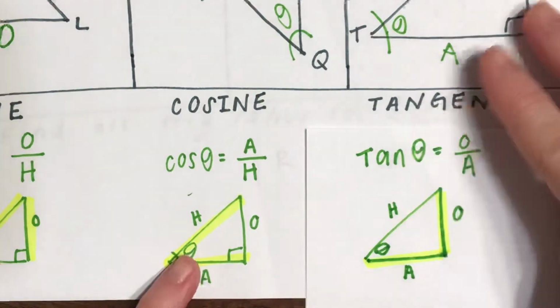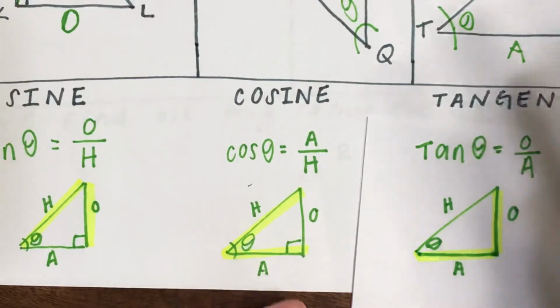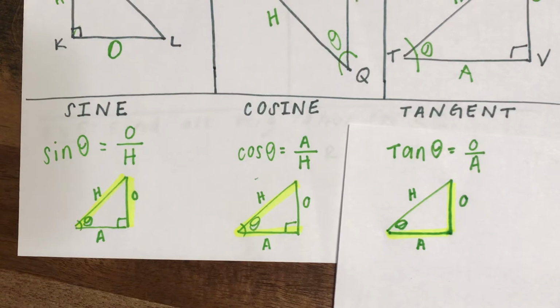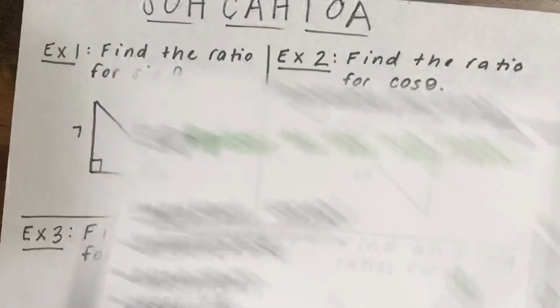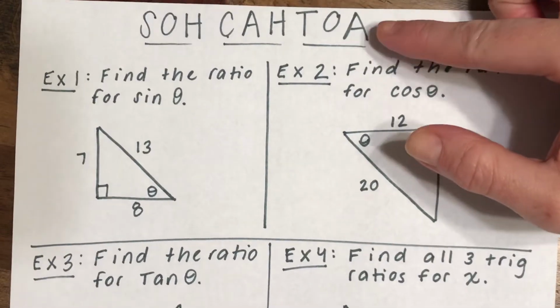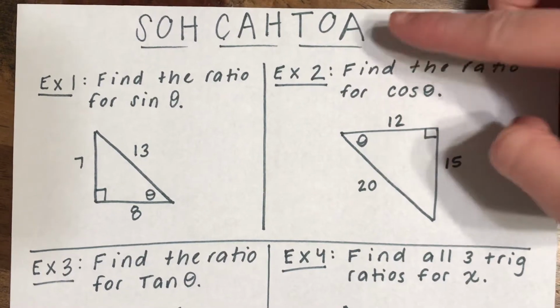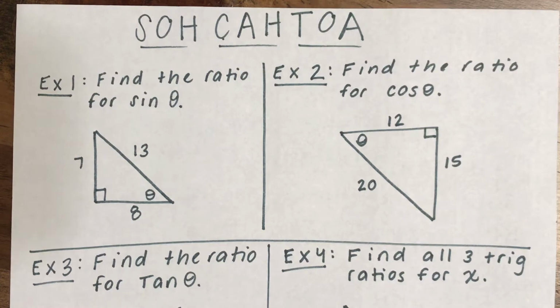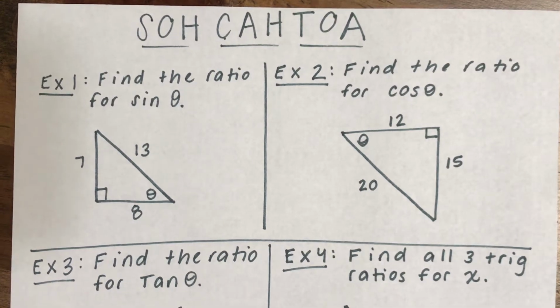Okay, so I'm going to teach you a very important acronym for memorizing what sine, cosine, and tangent represent before we jump into doing some examples. All right, so this acronym, when you are using the trig ratios, always write this at the top of your paper because it will help you remember what sine, cosine, and tangent represent.